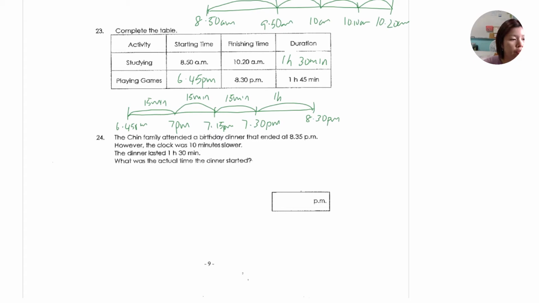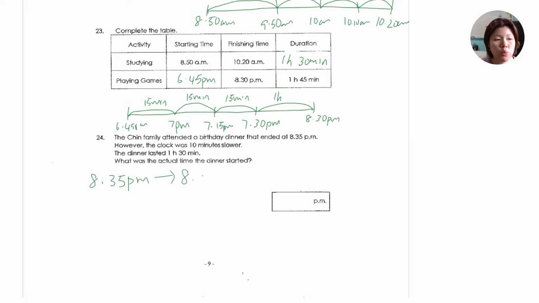Okay, now question 24. There's a birthday dinner that ends at 8:35, but the clock was 10 minutes lower. So actually, the clock is 10 minutes lower. So we need to change the timing.